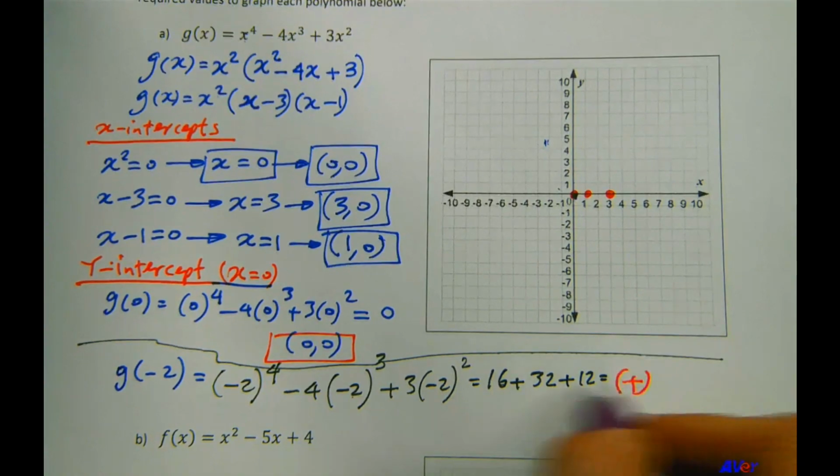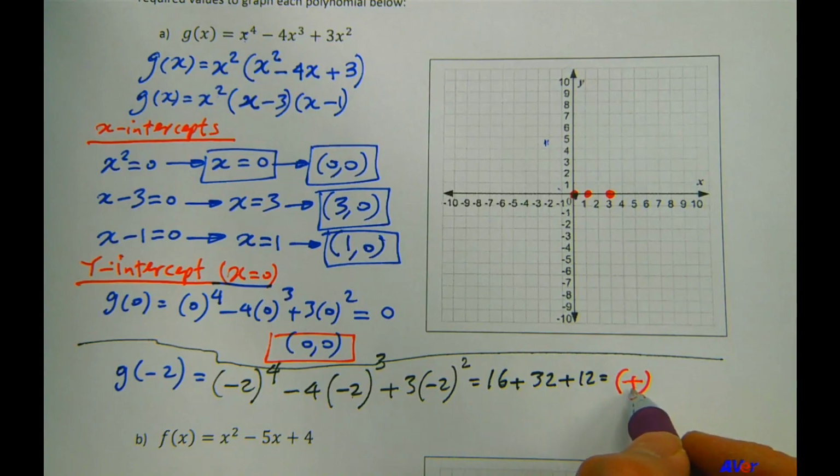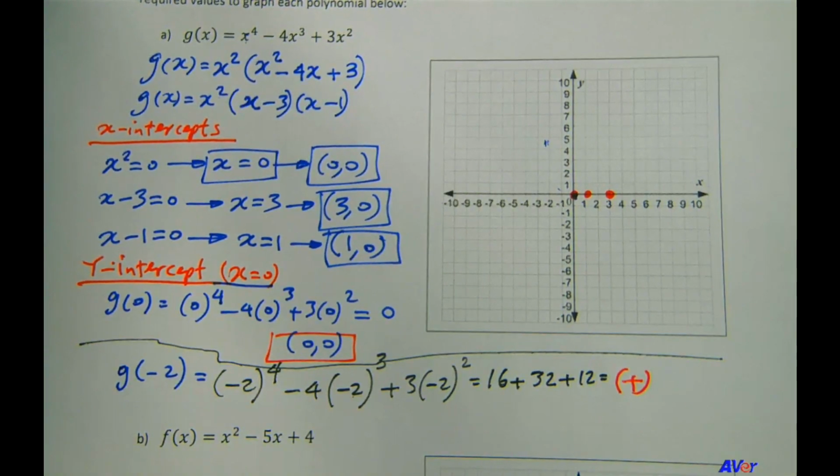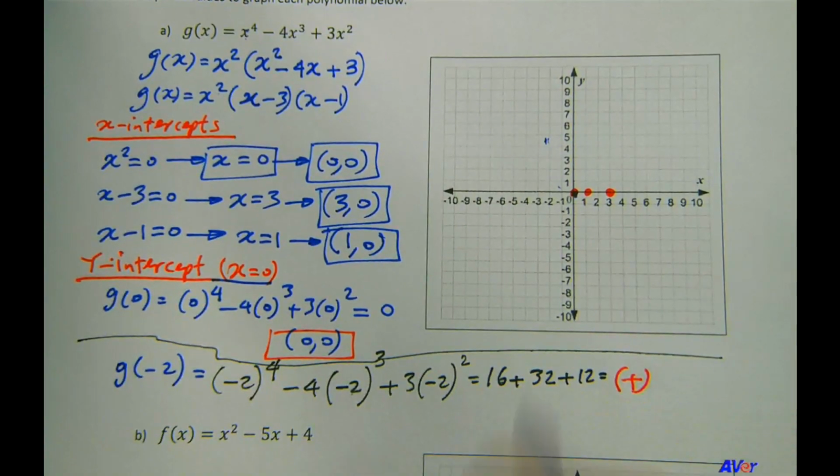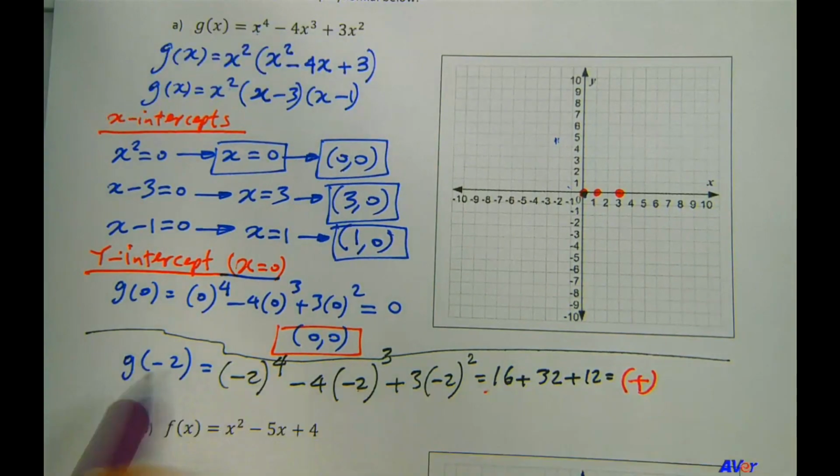I'm not going to add these, and I want to put just plus, because as you read these notes on your own, because I'm going to post these notes on Canvas, so you have the videos as well as these notes to look over. I want to put the positive only because I want to highlight the fact that we don't really care about the value of this function at -2.